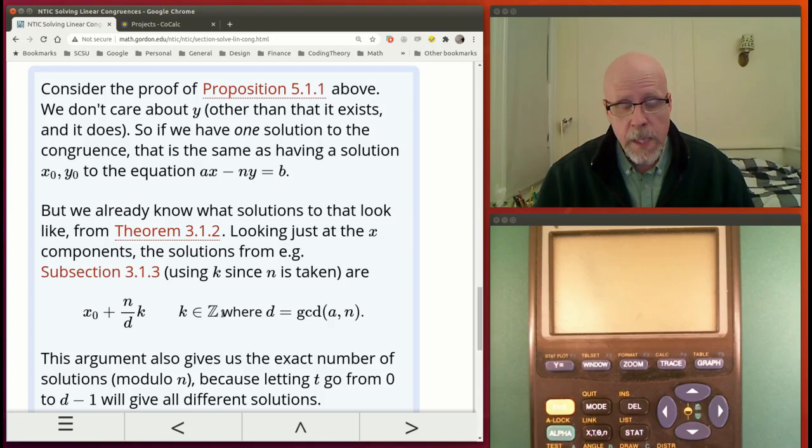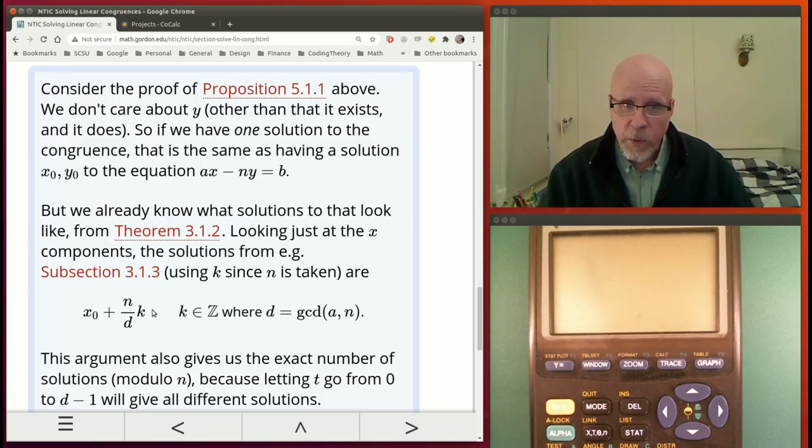In fact, in the setting of finding solutions to Diophantine equations, or equivalently finding lattice points that lie on a particular line, k could be any integer. But if we're going to reduce everything mod n, k can't just be anything.